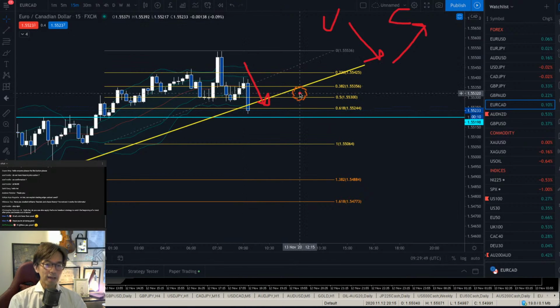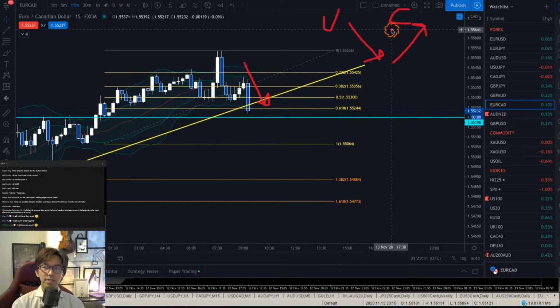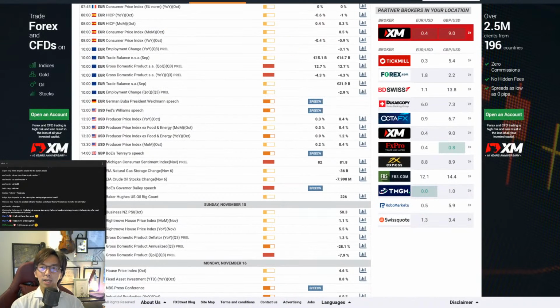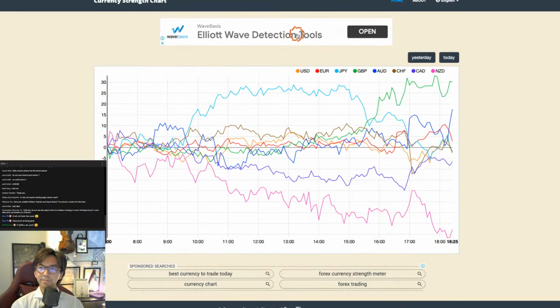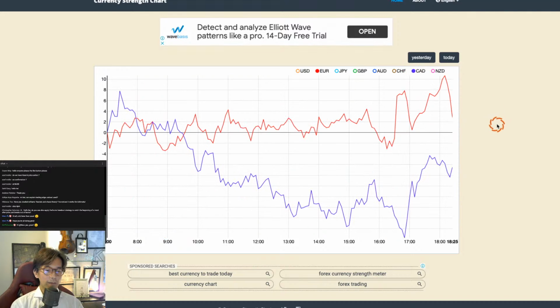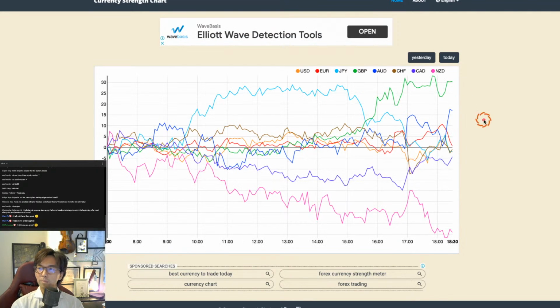So let's find out which one of the currencies is currently affecting this pair particularly. So I will check the currency strength chart. And let's see. So Euro and CAD. Okay, now I can find that the Euro is becoming down.